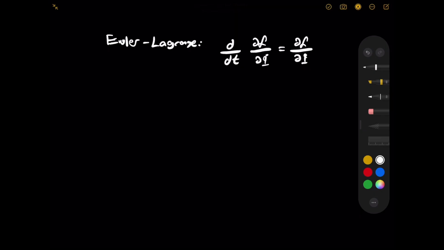Just one thing I'll say. You can see that I have this underline under the letters, which I use to represent a vector. I'm using it in this equation in the sense that this is true for each component.